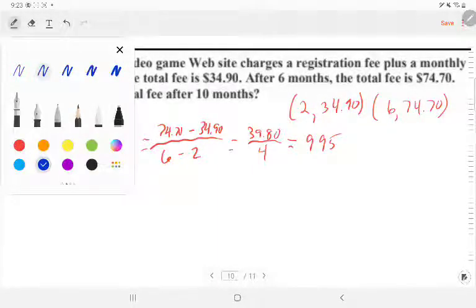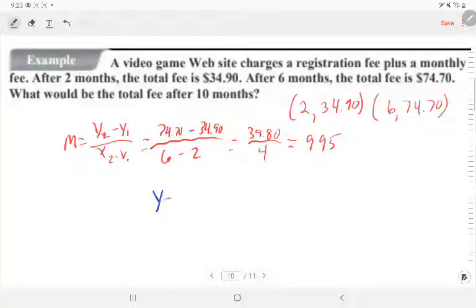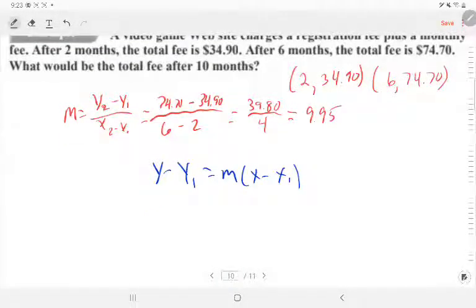Let's change colors, keep things organized here. We have y minus y1 equals m times x minus x1. So we could say y minus 74.70 equals my slope of 9.95 times x minus 6.